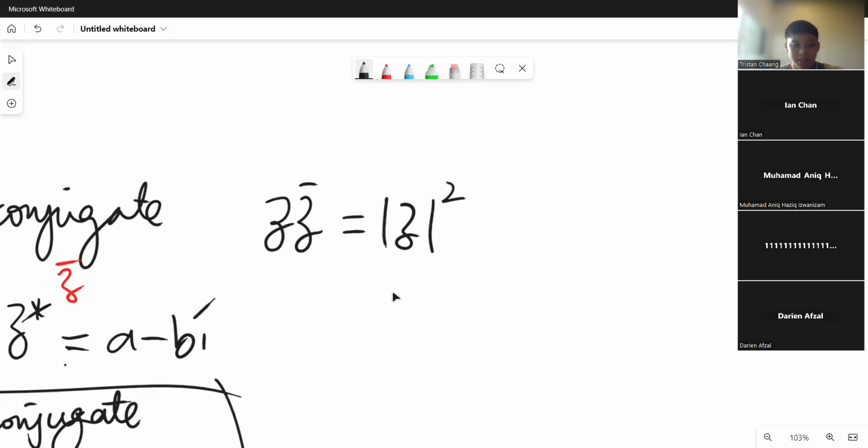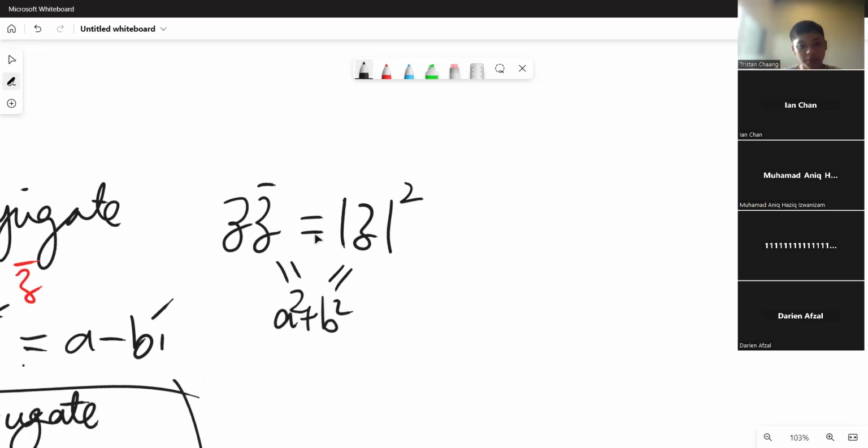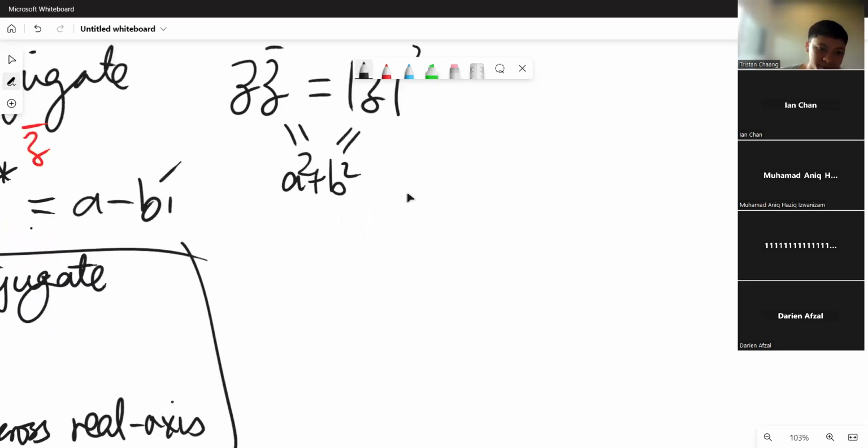Multiply, so yeah, exactly. So they are both equal to, well, if Z is A plus Bi, they're all equal to A squared plus B squared. Yeah, and then you remember i times i is minus 1.